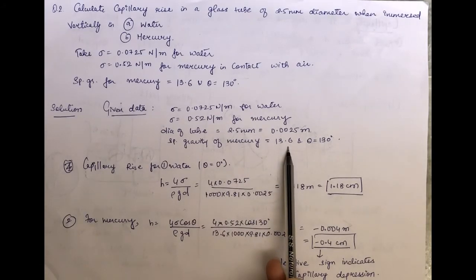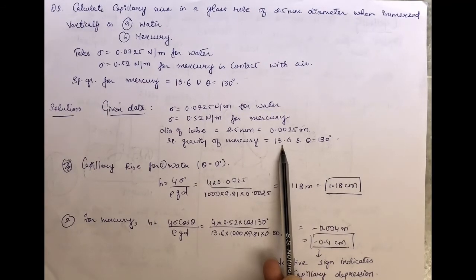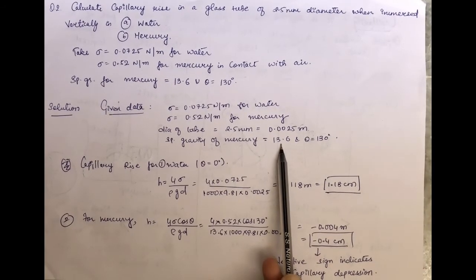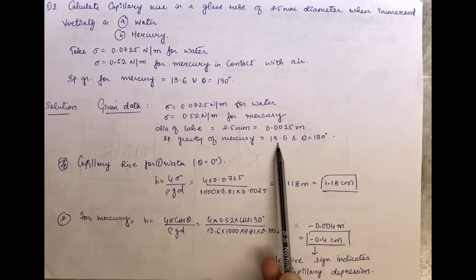In order to obtain the density we need to multiply this term with 1000. So if the specific gravity of a liquid is given and we multiply that with 1000, the density of water, then we can get the density of that particular fluid.